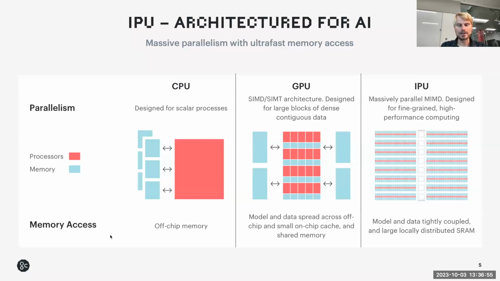And in terms of memory access, we have a large amount of SRAM on the chip, and it is distributed throughout the chip. There is no shared memory or memory hierarchy, actually. Every core on the chip has SRAM associated with that core, about 638 kilobytes of SRAM per tile, as we call it.